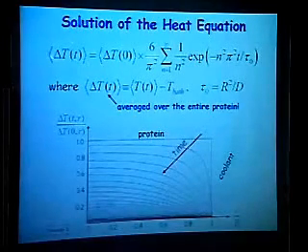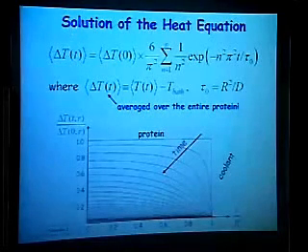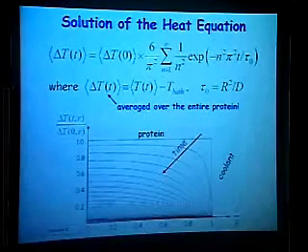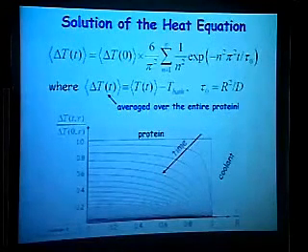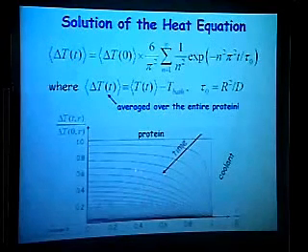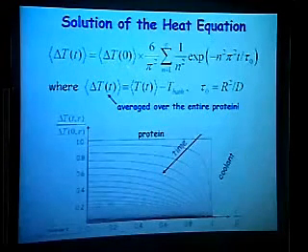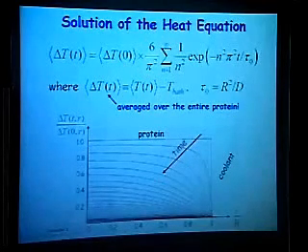It turns out that the average temperature for the entire protein, so for the entire sphere, which means you have to average over the volume of a sphere, is the initial value of this difference, which was simply T0 minus T bath, times an infinite series.